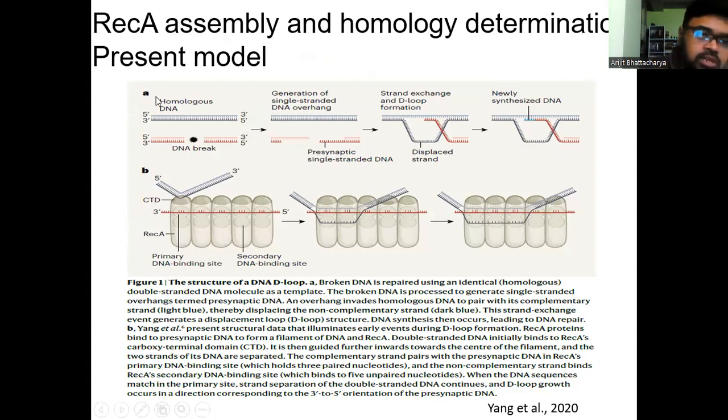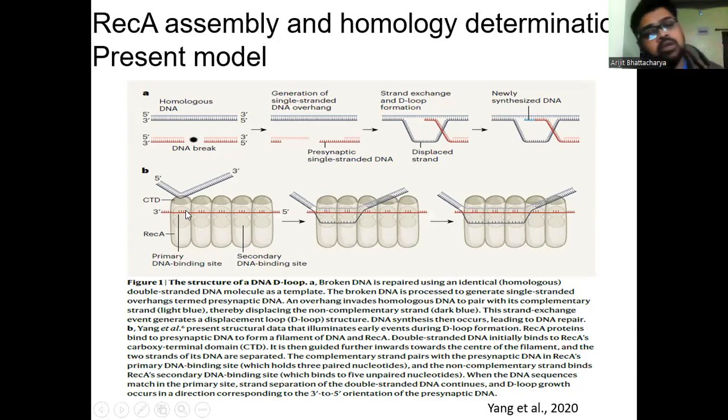So if there is some double-stranded DNA which is being targeted by Reiki for forming this D loop, what happens is that this Reiki monomer is bound to a few nucleotides at specific sites.